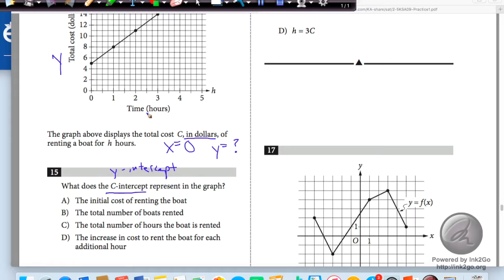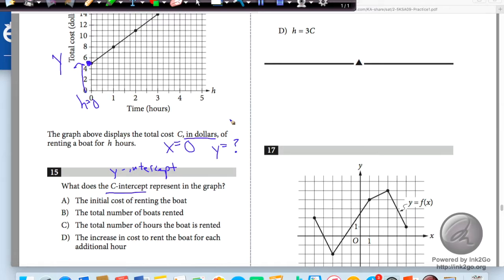So I'm going to look at T, right, for time on my x-axis here, represented by H in terms of hours. And then I have total cost here on my y-axis. Now, when x is 0, or when H equals 0, then I still know that I have something, right? So that's 5.